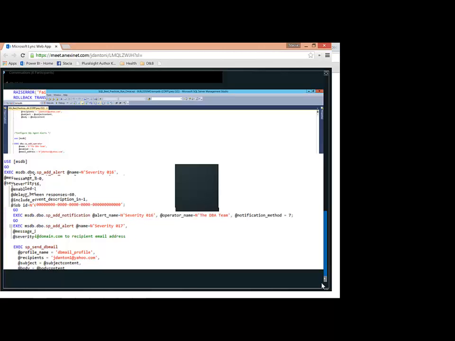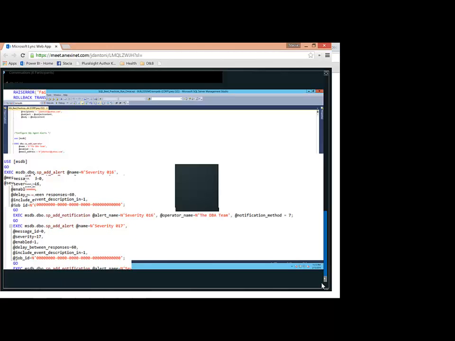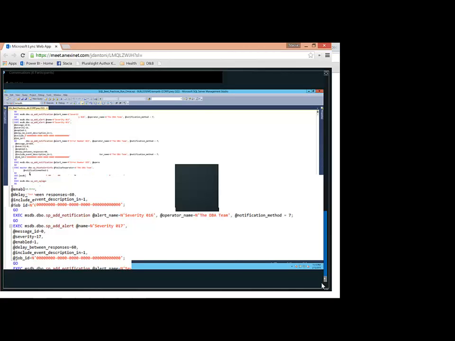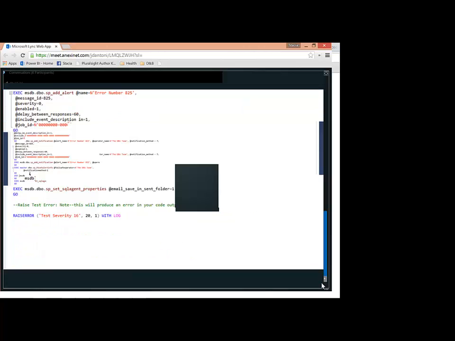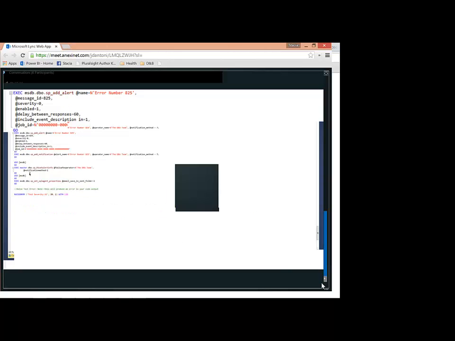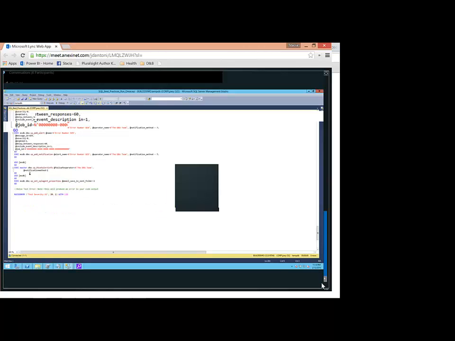And then finally, the last thing I do at the end of this, after these are all created, is I send myself a test severity 16, and I log it. And if I go to my email, I should see that I have two emails from this server.